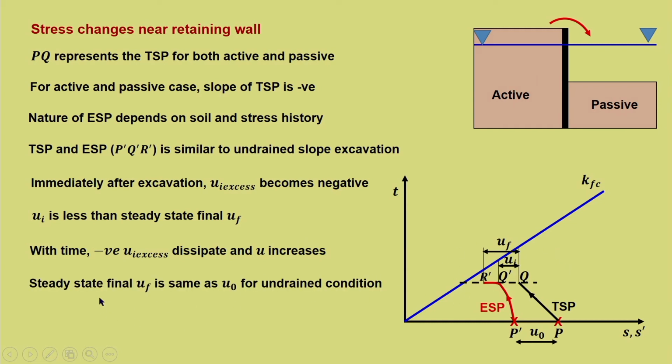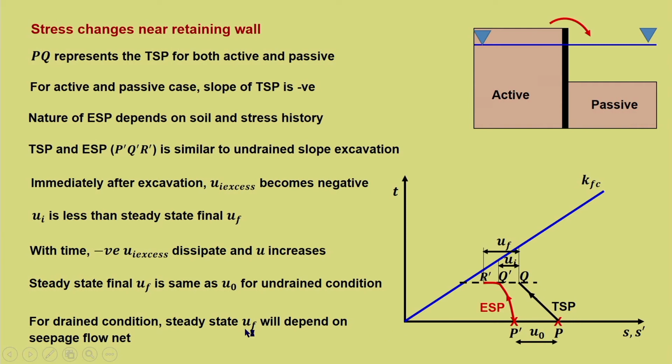So, let uf be the equilibrium final value, that is the steady state uf, and since we have assumed a condition of submergence, it will be equal to initial water pressure u naught. For drained condition, uf will be less than u naught, and that will depend upon the seepage flow net.